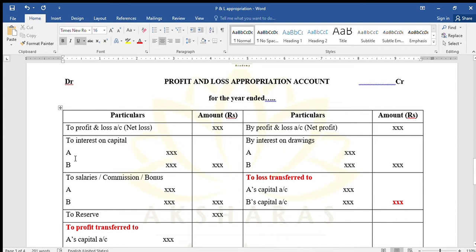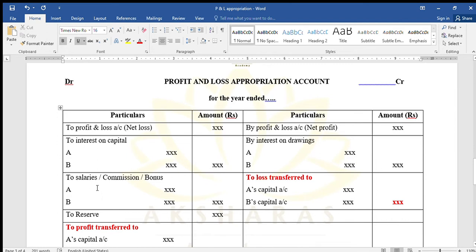So for the firm, it is an expense. It is paying out cash for the interest on capital. So it will be shown on the debit side to interest on capital, and each partner's capital account will be shown, A and B, and both the amounts will be added and shown on the outer column.